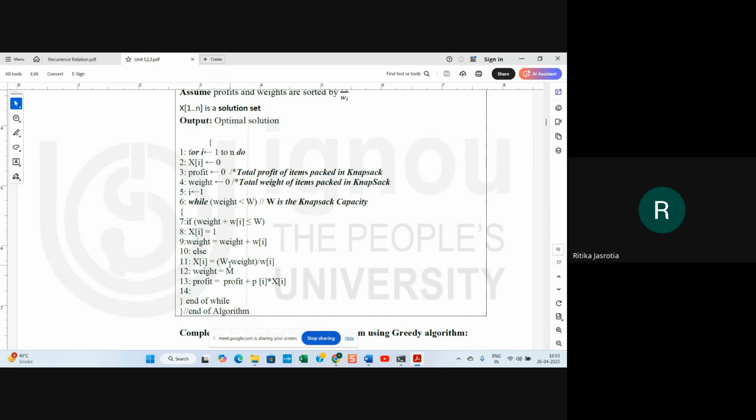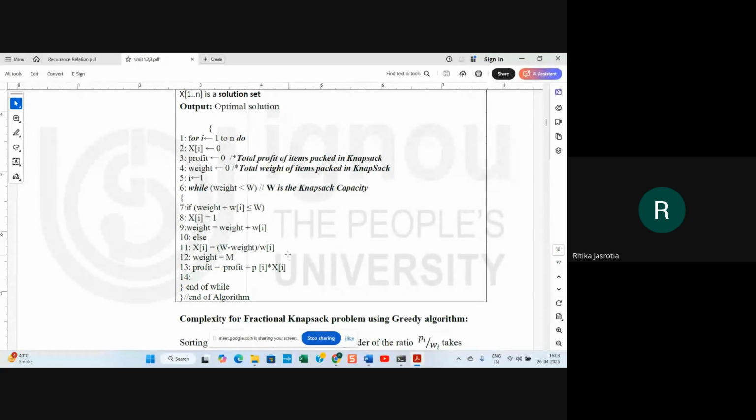So from w you subtract the weight and divide it by the index weight, a kind of fraction you can say. So weight is equal to m, the maximum. Profit is equal to profit plus pi into xi. The profit starts at 0, so you have to calculate the maximum profit.